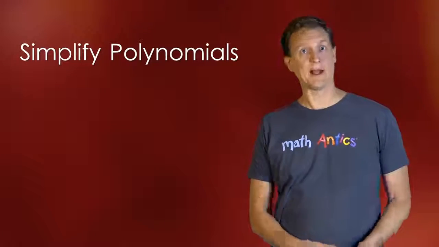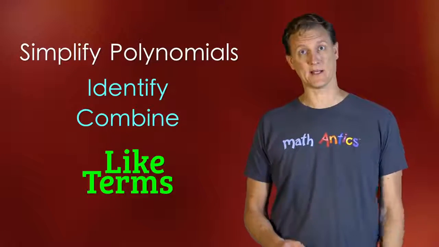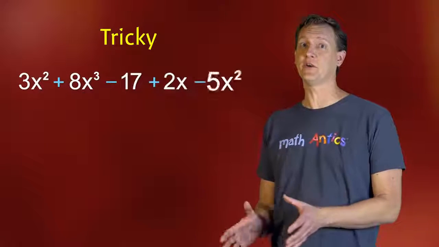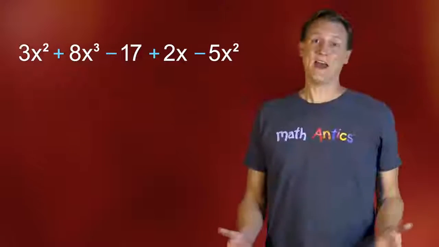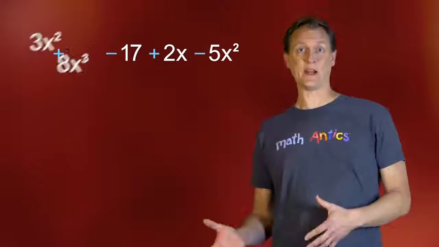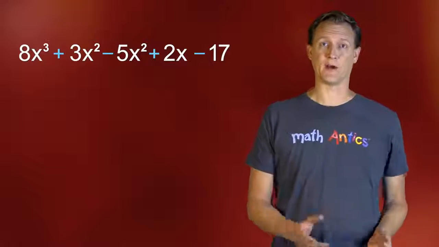Alright, so now you know how to simplify polynomials by identifying and combining like terms. It can sometimes be a little tricky since complicated polynomials may have many different terms that are not necessarily in order by their degree. That means you may need to do some rearranging as you look for terms that you can combine.